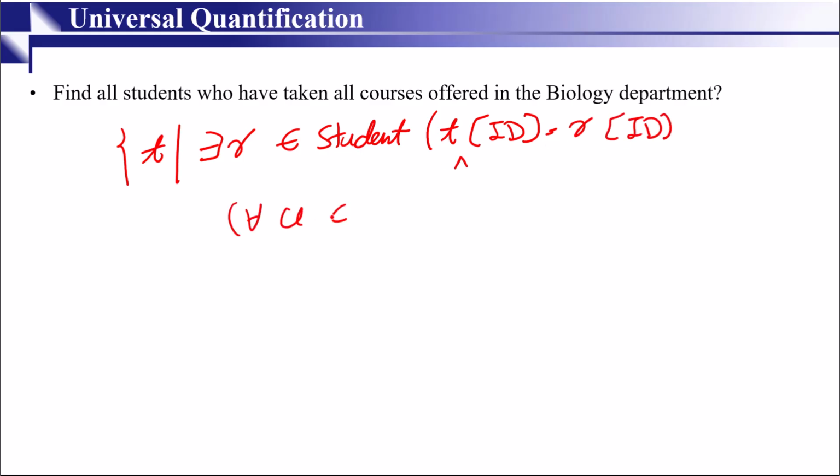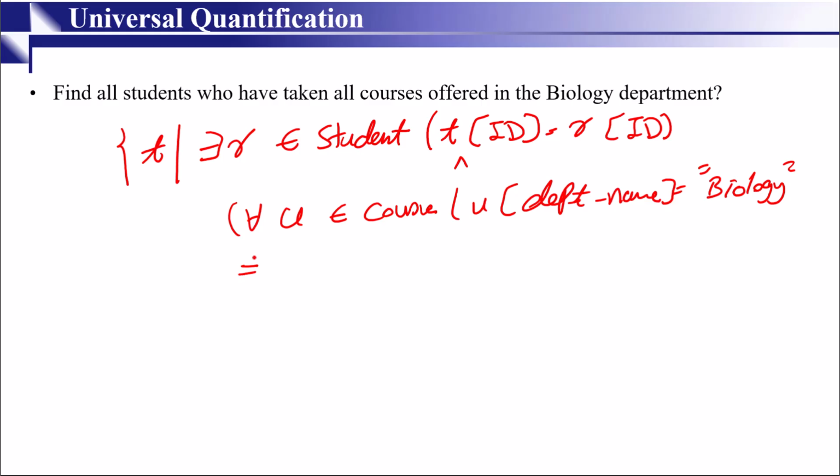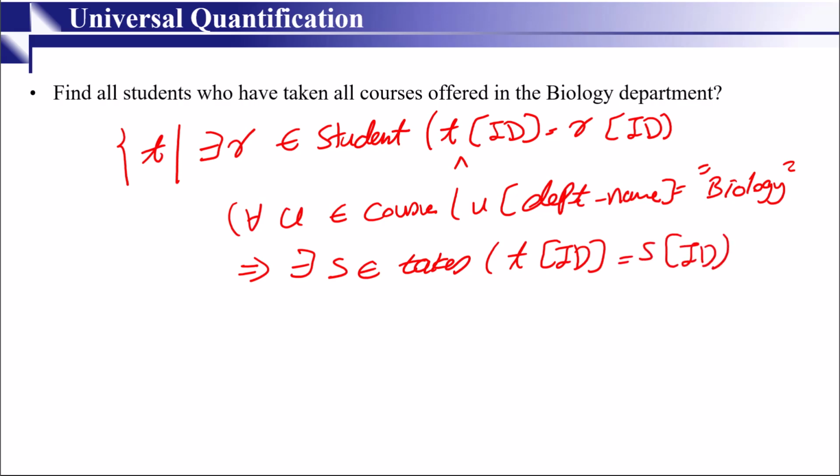And for all U in course, U.department name is equal to biology implies there exists S in takes where T.ID is equal to S.ID and S.course ID is equal to U.course ID.